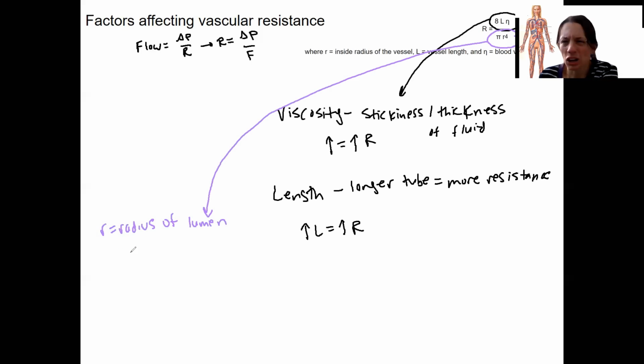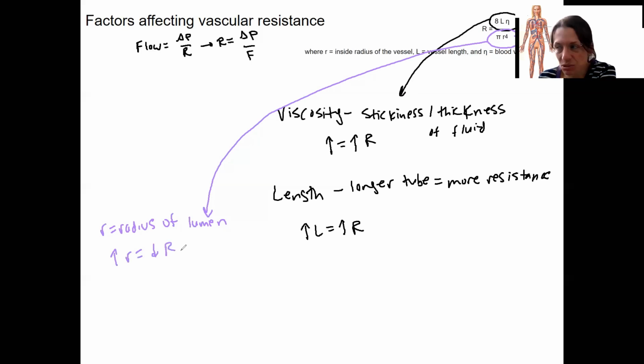We talked about diameter of the blood vessels before. How is radius related to diameter? It's half the diameter, so you could use one half diameter. Notice it's r to the fourth, and there's a pi in the calculation. You do not need to know that. So as the radius of the lumen increases, you're going to decrease resistance.